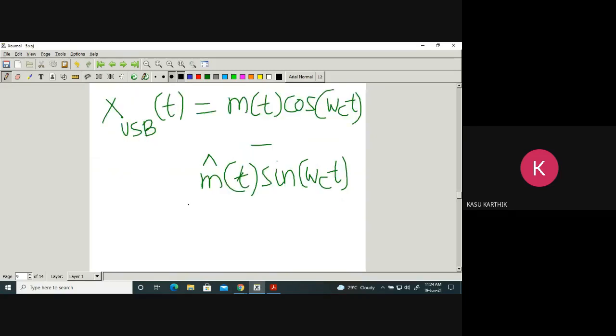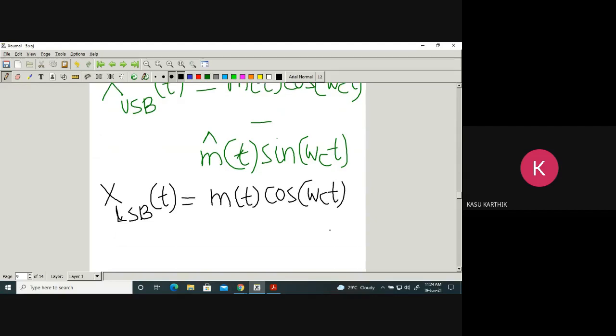So what about the lower sideband equation now? m of t cos omega ct plus m hat of t sin omega ct.